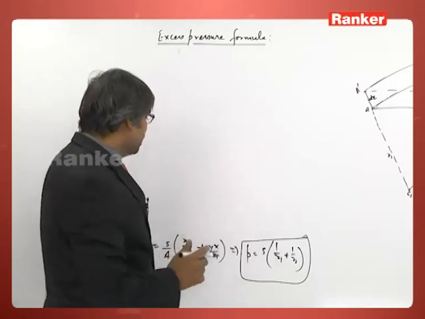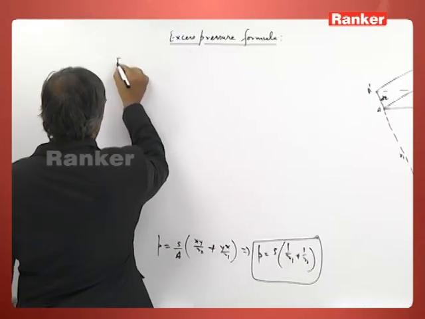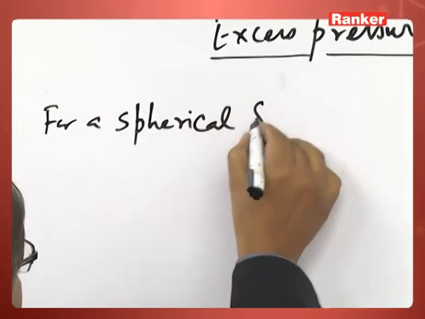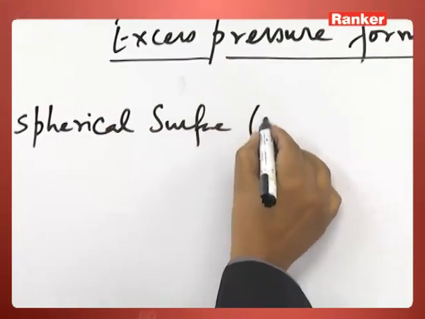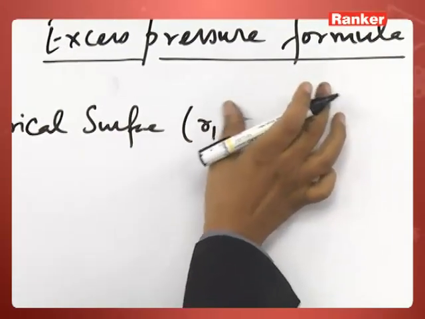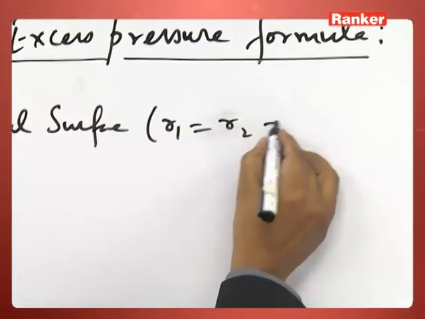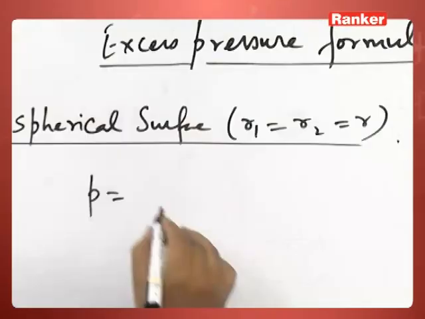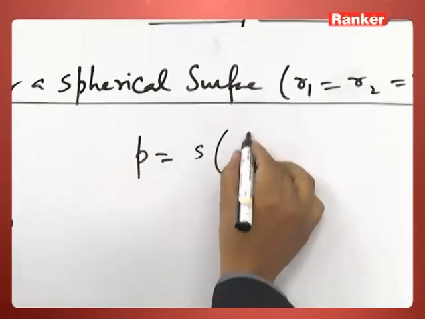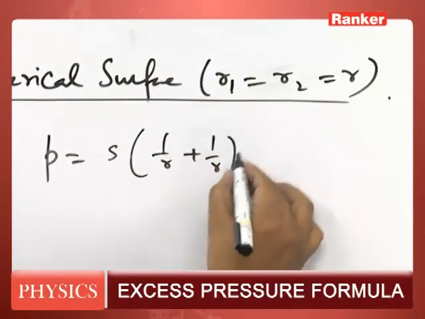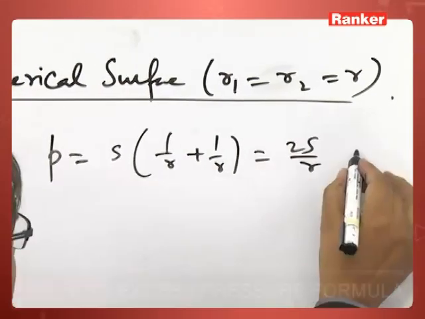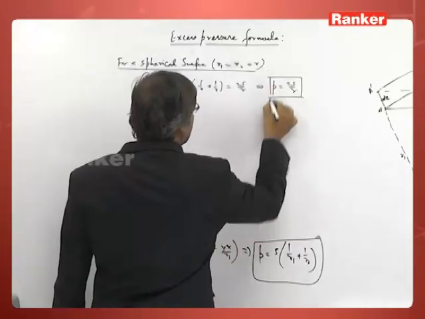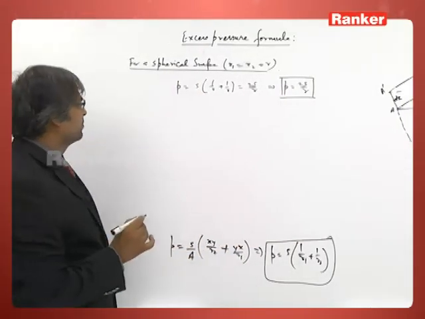Now for a spherical surface, R1 is equal to R2 is equal to R. So the excess pressure will be S times (1 by R plus 1 by R), which is 2S by R. Thus the excess pressure for a spherical surface is 2S by R.